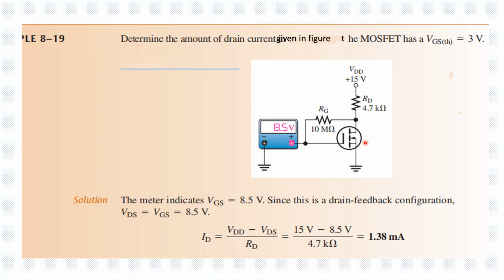Since this is a drain feedback configuration, VDS is equal to VGS, which is 8.5 volts. So substitute in the current relation. What is the amount of current flowing into the drain? It is 15 volts minus VDS upon this drain resistance. Substitute the values and get the value.